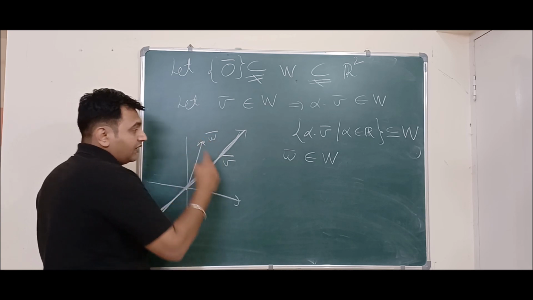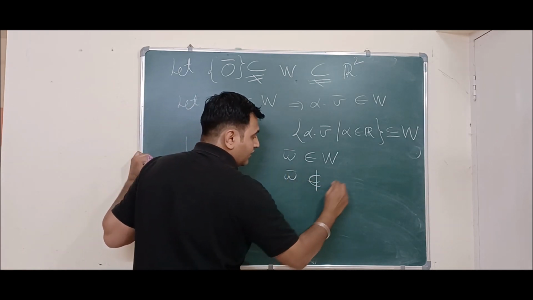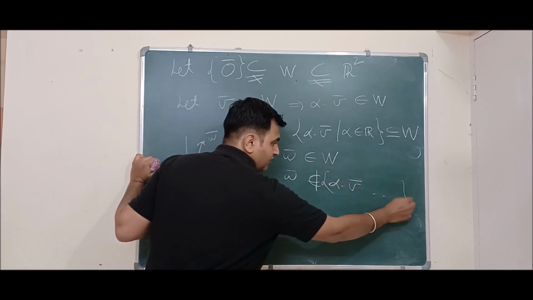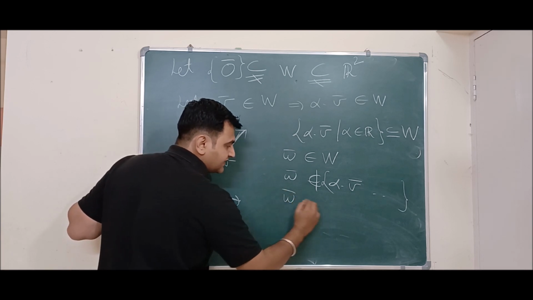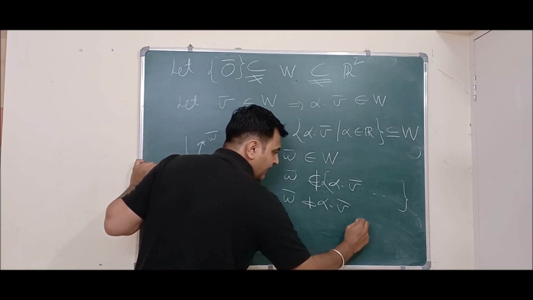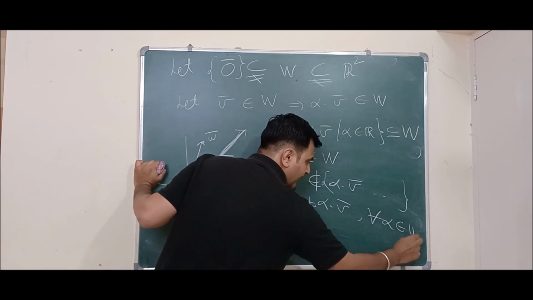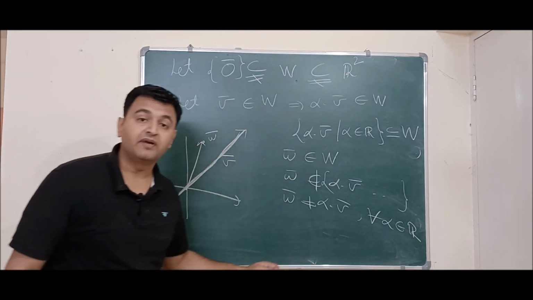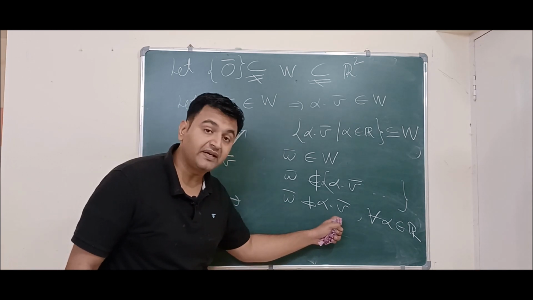Now w bar is not a multiple of v bar, it doesn't belong to this set. That means w bar is not equal to alpha times v bar for all alpha belonging to R. That means w bar is not dependent on v bar.